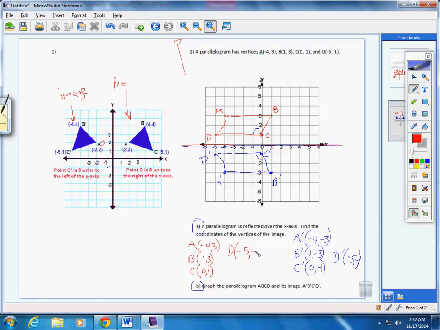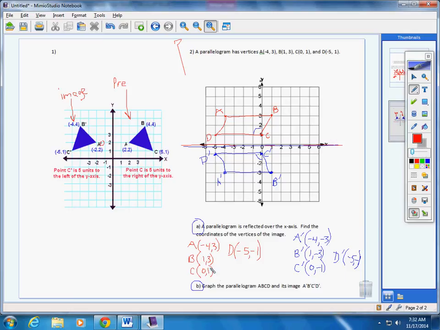Now I want you to take a second and ask yourself, that one should be negative 5, positive 1. Are there any similarities between my pre-image points and my image points?